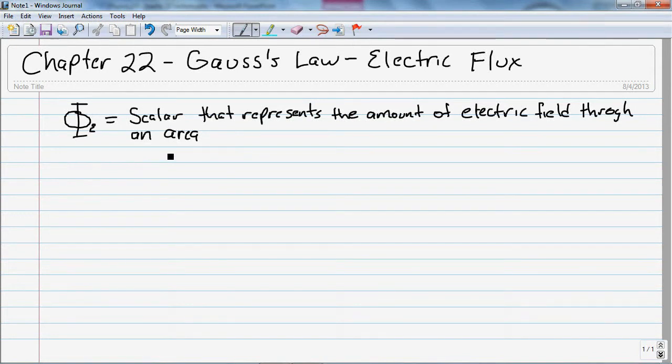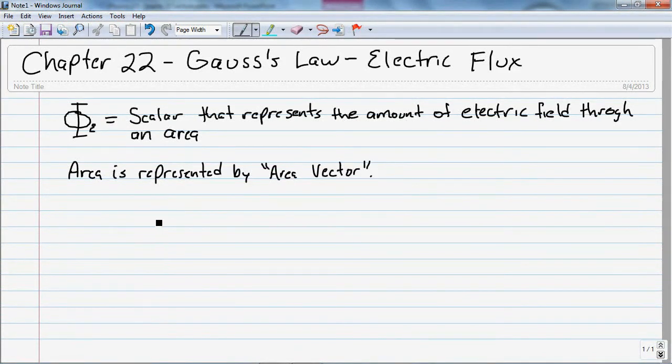And this area is represented by what we call an area vector.